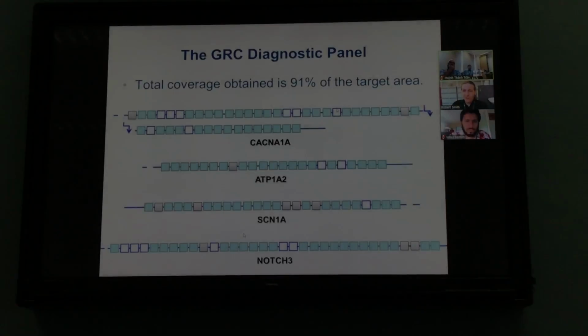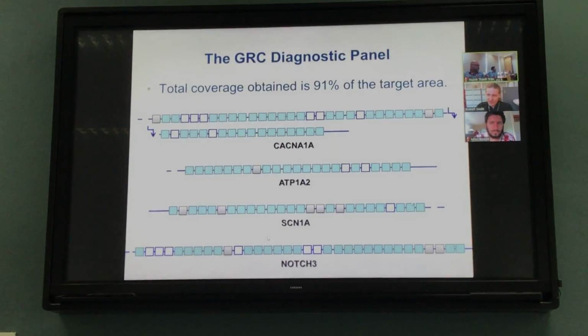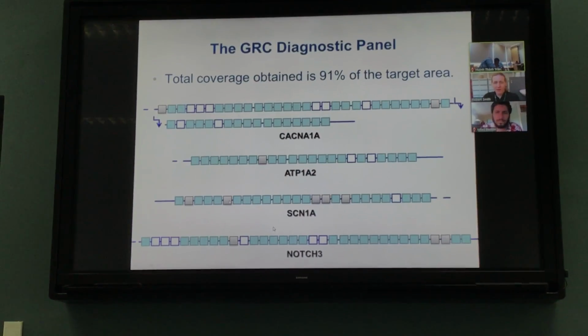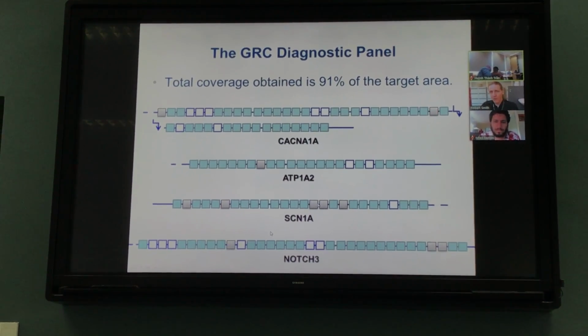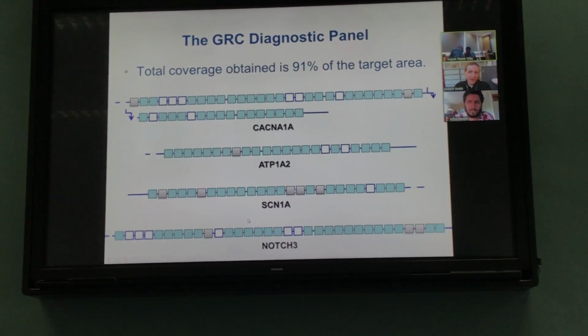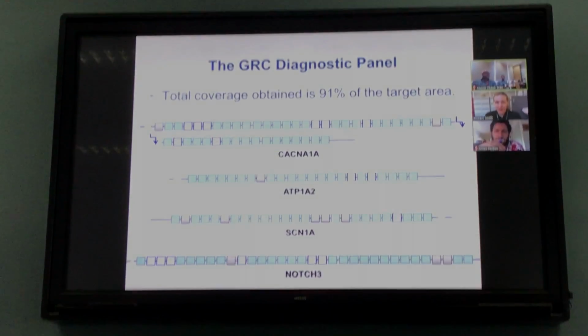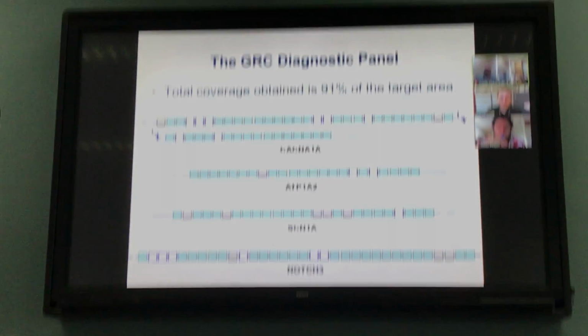The actual design for the next generation sequencing panel covers the entirety of these genes. The little grey boxes here are the exons where the coverage isn't perfect. There's small pieces missing. We get 91% of the target area, and as the technologies improve and the read length of our next generation sequencing system has increased, a lot of these gaps are now closing, and we get more or less complete coverage.